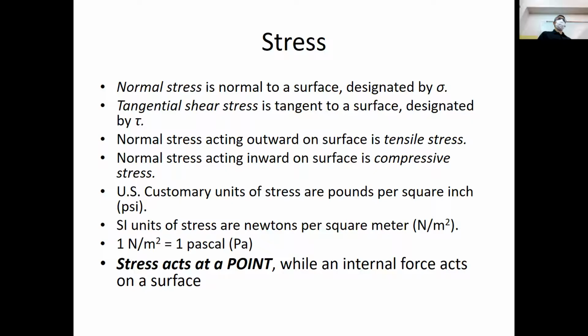Yes, the internal force point of action may be described as the centroid, but the internal force is distributed over the surface. The stress is applied at a point. And indeed, the stress varies from one point to another over the section.